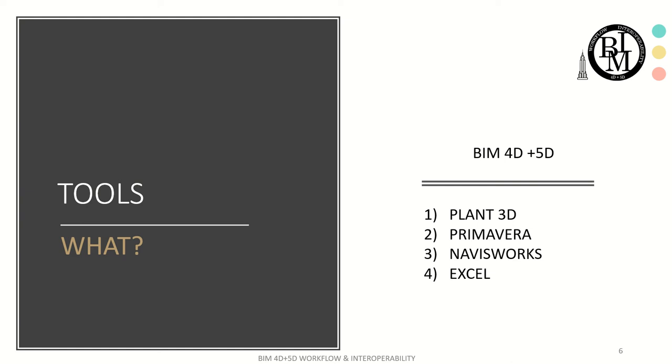But the key is that we can use Revit or any other 3D modeling tools because this BIM 4D and 5D process is flexible. It is applicable to many different tools, and the point here is to demonstrate that flexibility and applicability to any projects and any type of modeling software.